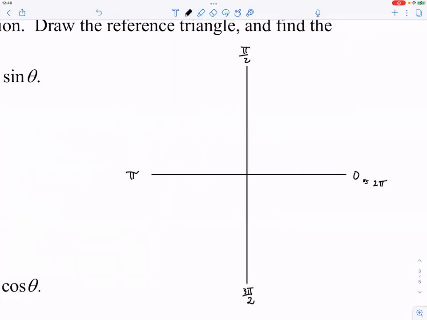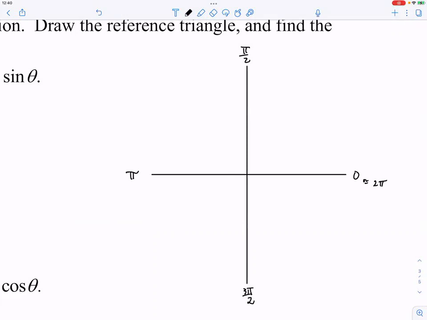I know that you are probably more comfortable with degrees, but I'm just going to get you more comfortable with radians by seeing more radians. Pi over 2 meaning 90 degrees, pi is 180, this is 270, and this is 360.